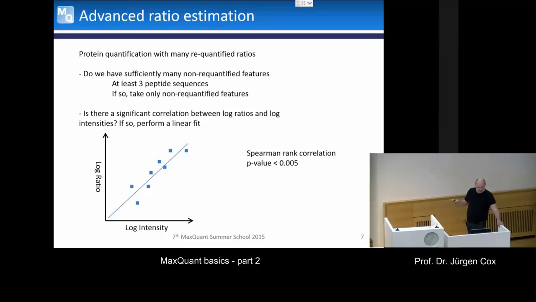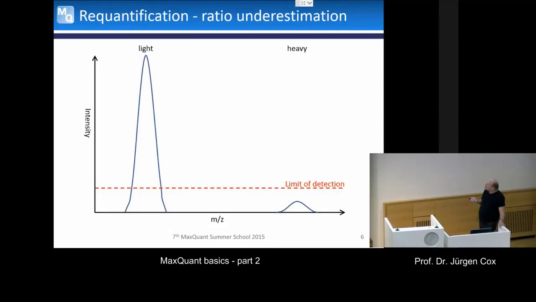If that fails, so there are not enough non-requantified features, then we look at the following. We look if there is a correlation between the log ratios and the log intensities. And why should there be this correlation? Let's say you are looking at a ratio of 10 in the protein.